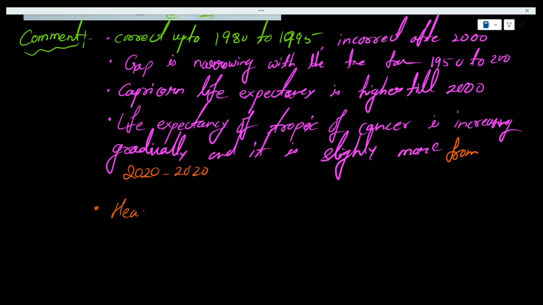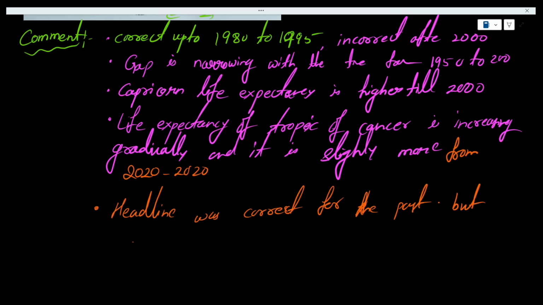The headline was correct for the past. First you are taking the data, then you are generalizing the statement. The data was true then but incorrect recently, so this headline is incorrect recently.